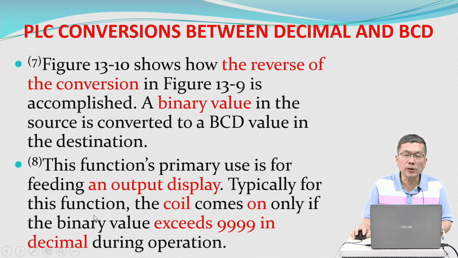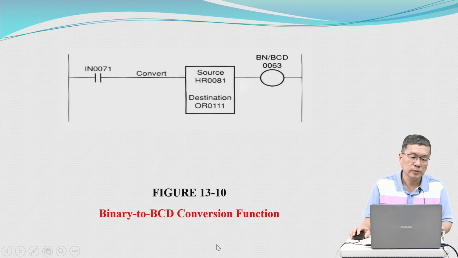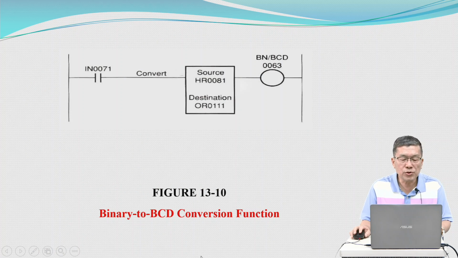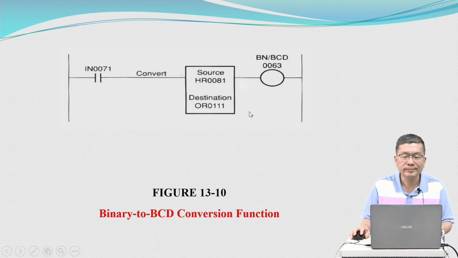Typically, for this function, the coil comes on only if the binary value exceeds 9999 in decimal during operation. This picture shows the binary to BCD conversion function.